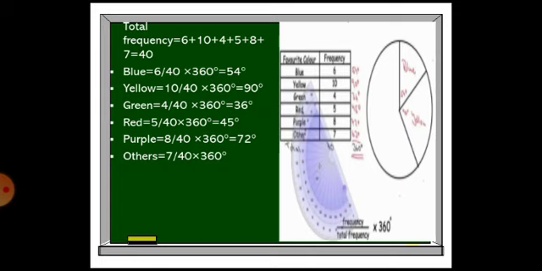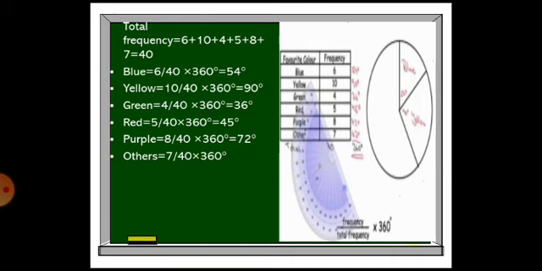Now, when we talk about the pie chart, to construct it is the major thing. When you are given a table or a sort of data, you have to represent it in a pie chart. The first thing you should do is add up your total.